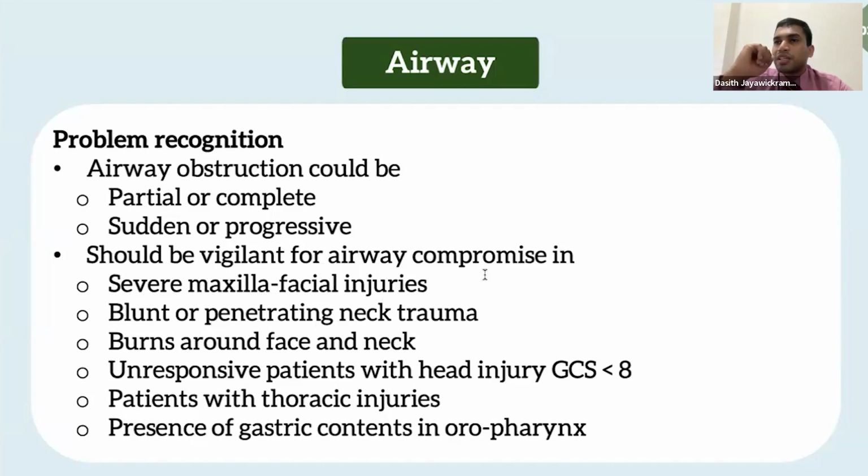Burns around the face and neck, even though there's no immediate obstruction, can cause laryngeal edema and obstruction of the airway. Unresponsive patients, GCS less than 8: beyond that, there's a high risk of the tongue falling back and obstructing the airway. Patients with thoracic injuries, and patients with gastric contents in the oropharynx, might have already aspirated. So we should keep that in mind.